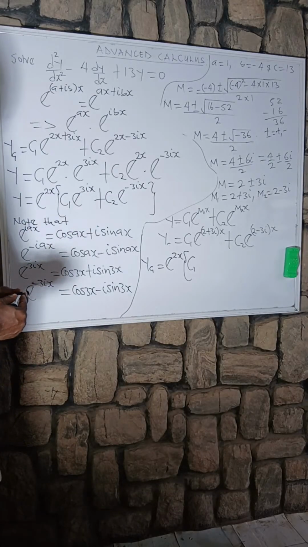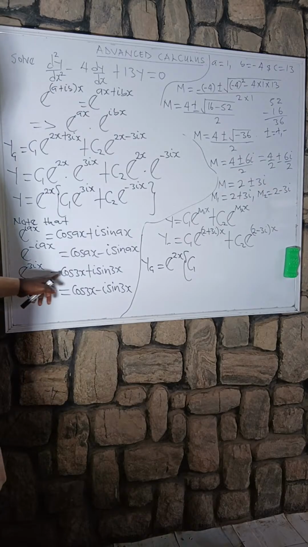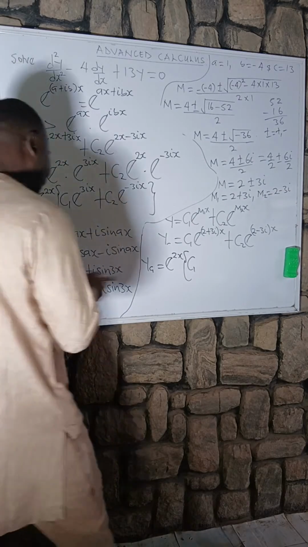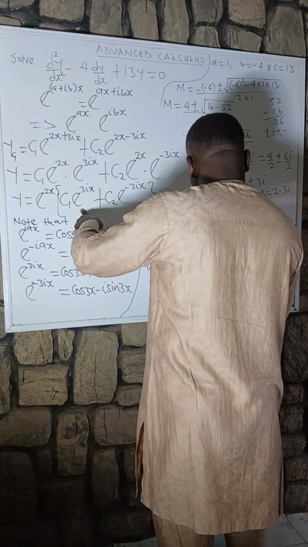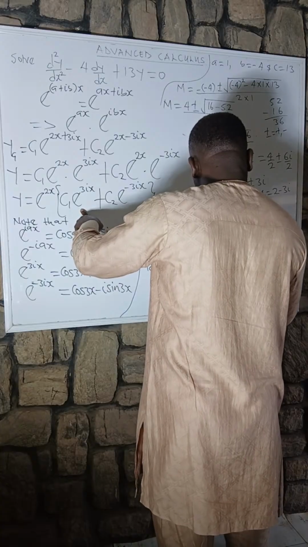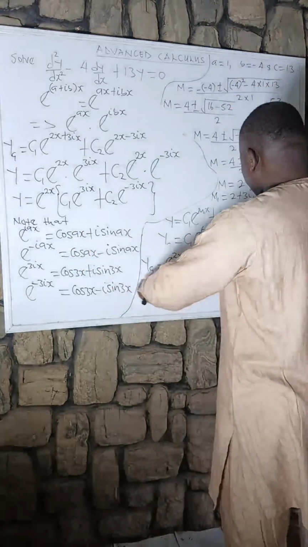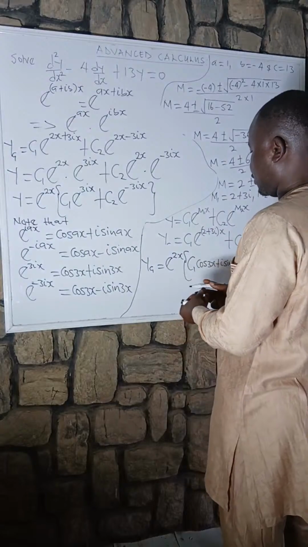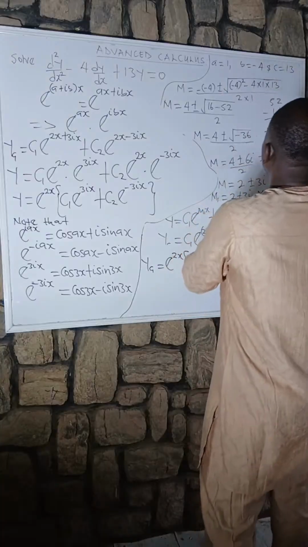So as long as these are complex, we can transform it in this form. It means instead of this, we are going to write cos 3x plus i sine 3x, then plus. This place cannot contain it, so it's better I clean it up.